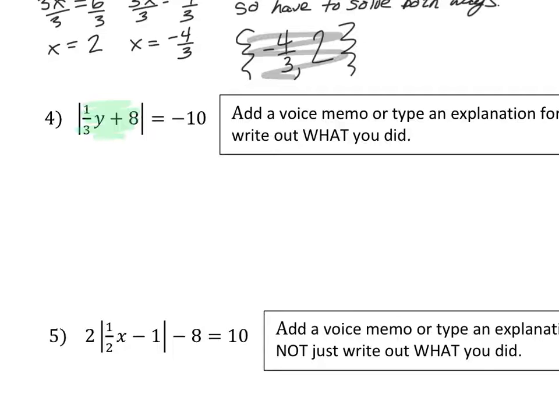But something's weird about this one, because the equation is set up so that it says the absolute value of 1/3 y plus 8 is equal to a negative 10. Can you have absolute value that is a negative? Absolute value is always positive. So there's something jacked up about this particular one.